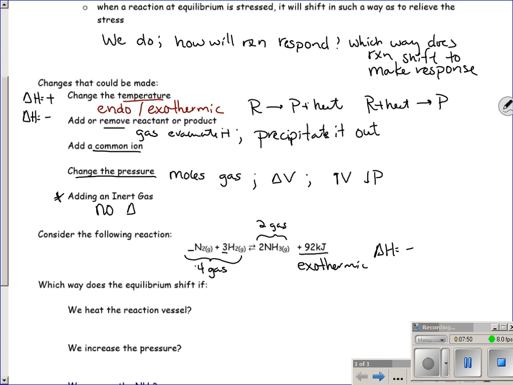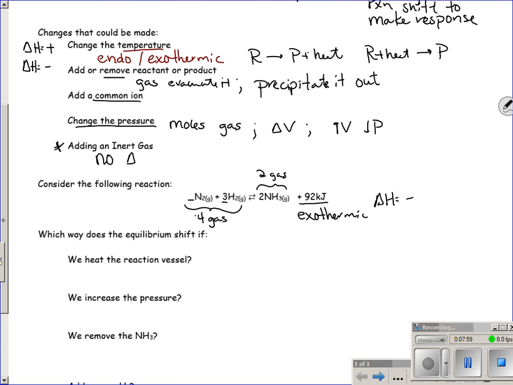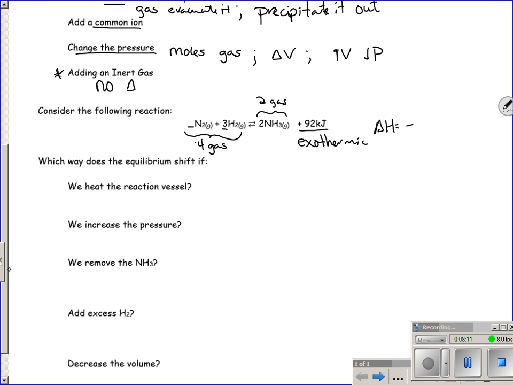If we add a product, the reaction will shift to the left to make more reactants. So whatever we do, it does the opposite of that. If we increase the pressure, the reaction will run to decrease the pressure. If we add a common ion, the reaction will run to get rid of that common ion. So whichever side of the reaction that's on, the reaction will shift to the opposite side.